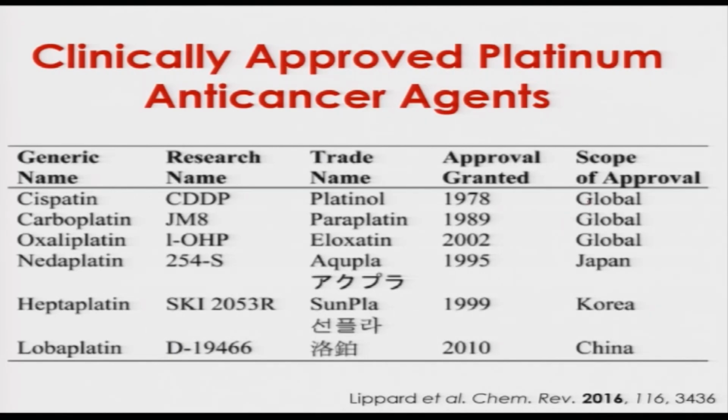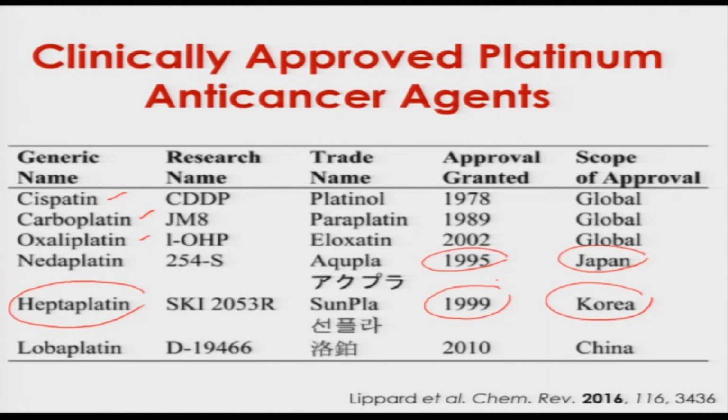Cisplatin, carboplatin and oxaliplatin are utilized globally, whereas nedaplatin is in use in Japan, with approval granted in 1995. Then heptaplatin is used in Korea and approved in 1999, and lobaplatin, approved in 2010, is in use in China.